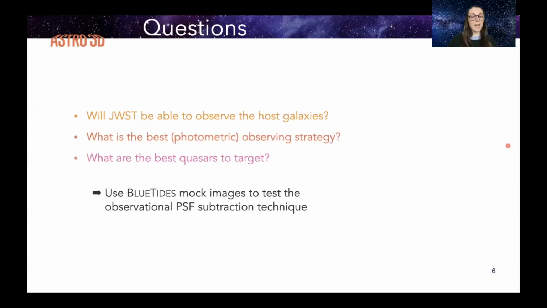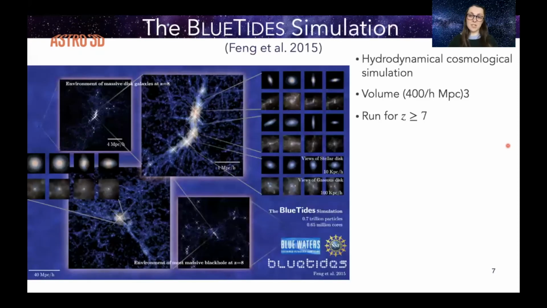So for this, we're using the BlueTides simulation, making mock images of the quasars, and then running them through the observational pipeline used in these HST studies to see whether JWST will actually be able to make these kind of detections. So the BlueTides simulation is an enormous hydrodynamical cosmological simulation with a box size of almost 600 megaparsec on a side.